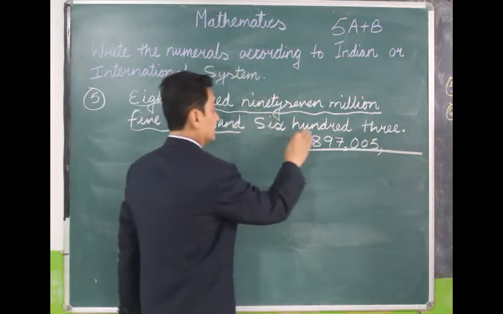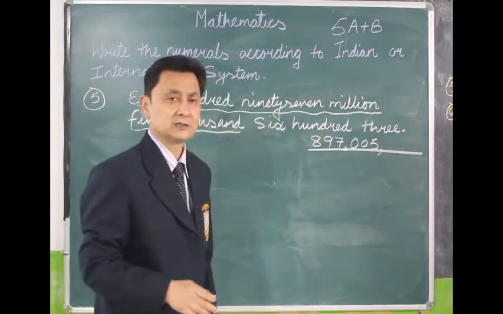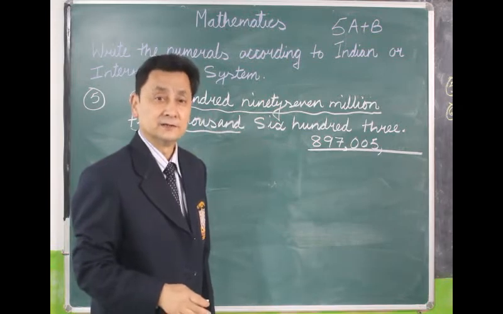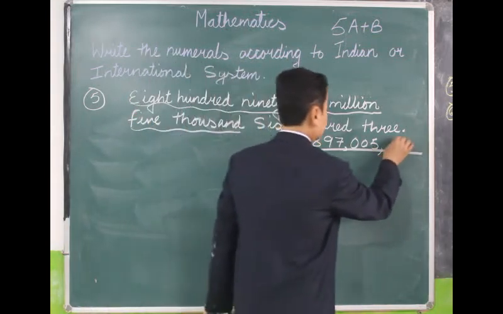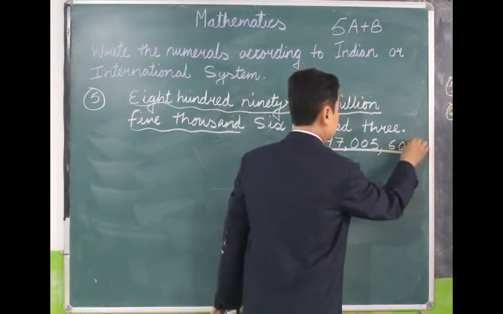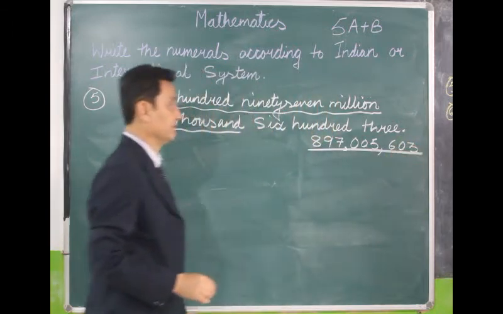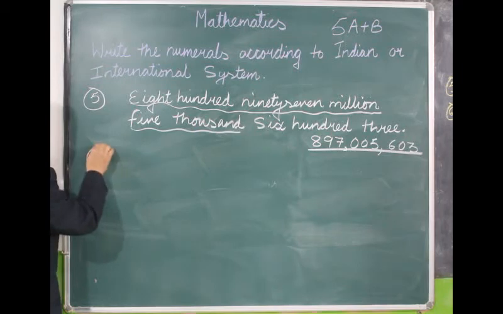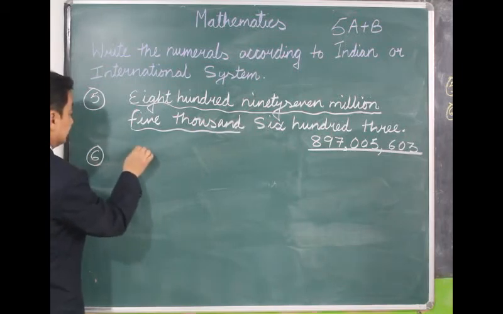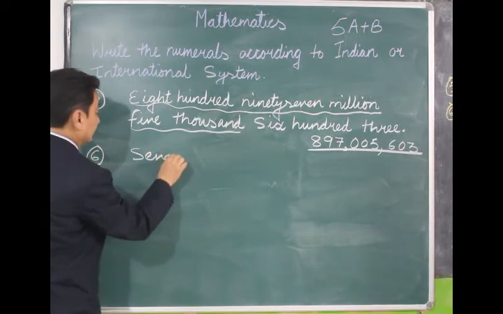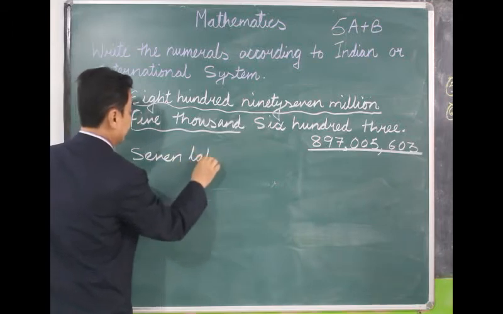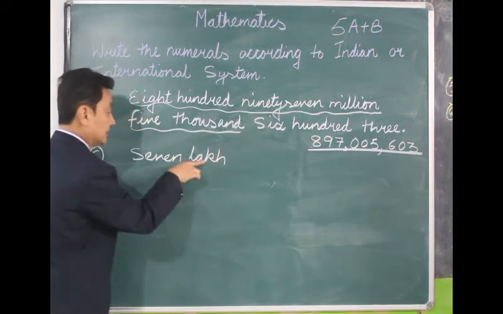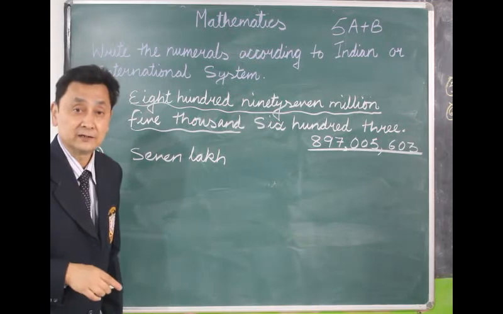Then 603. How should we write 603? 603. Okay, then we do one more, which is quite easy. So let's write 7 lakh. As you get the word lakh, it means it is in the Indian system.